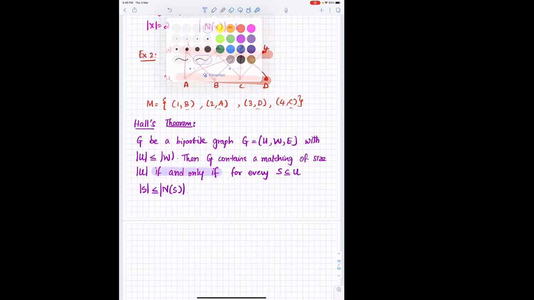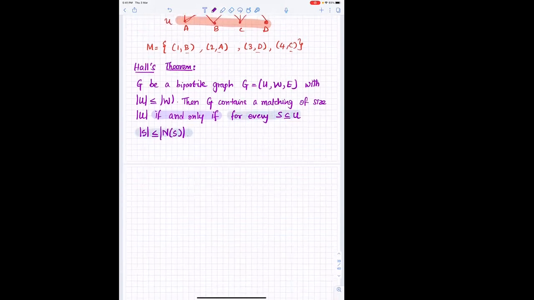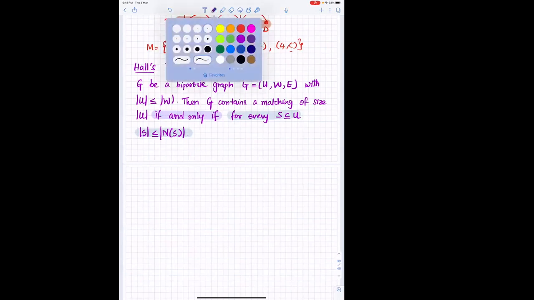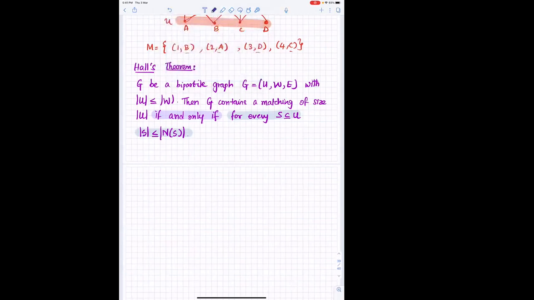So now, one small notation just to make my life easier is that if this is true, that is for every S subset of U, the cardinality of this set is less than or equal to the cardinality of its neighborhood, then we say that G satisfies Hall's condition. So we call this Hall's condition.